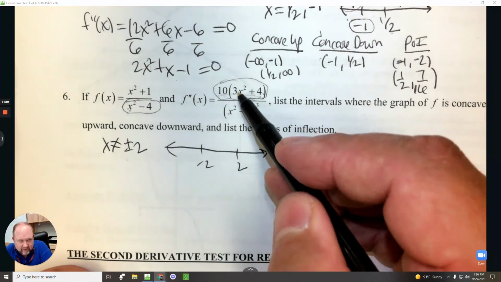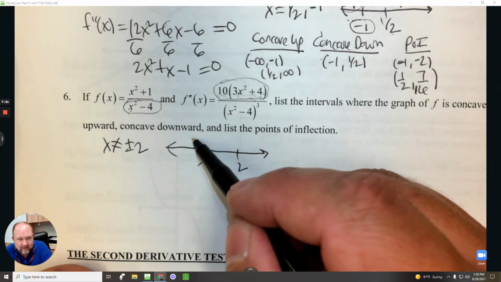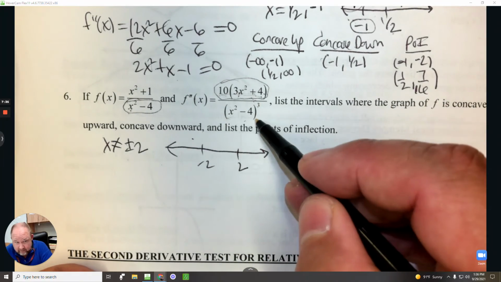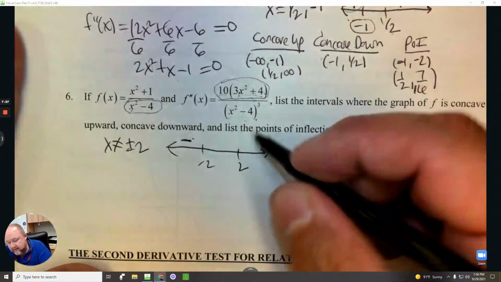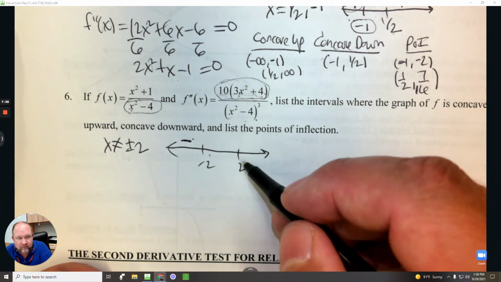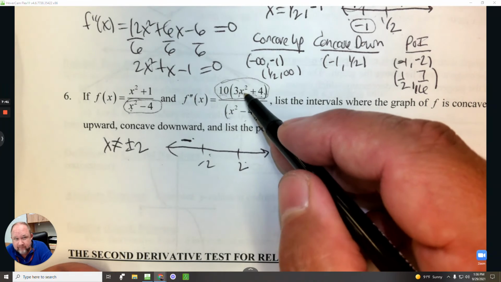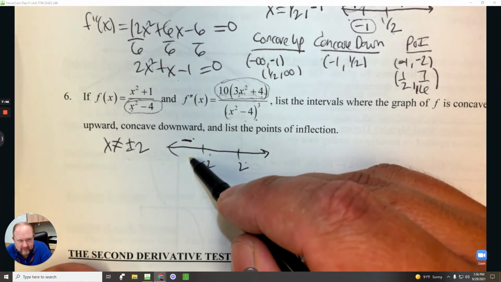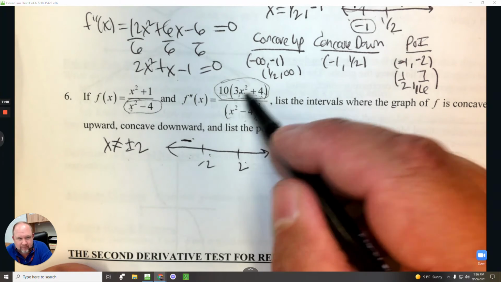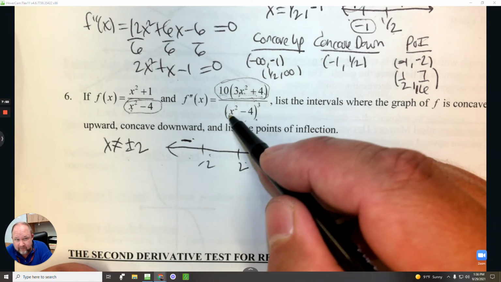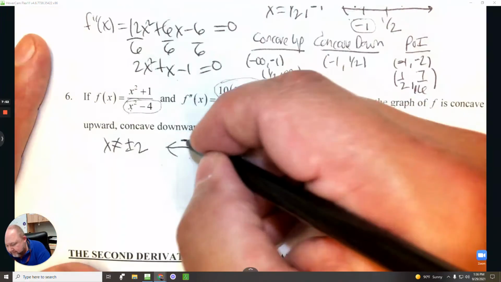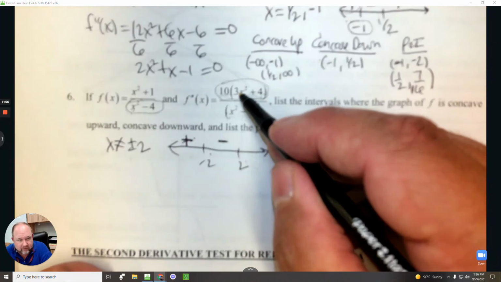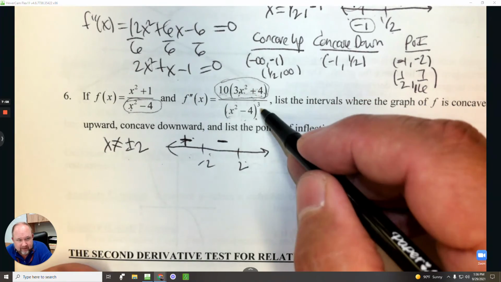Into the second derivative, if you plugged in negative 3, you would end up with a positive over a positive, because negative 3 squared is 9, take away 4, so that's a positive. If I plug in a number between negative 2 and 2, like 0, you end up with a positive divided by a negative, which is negative.